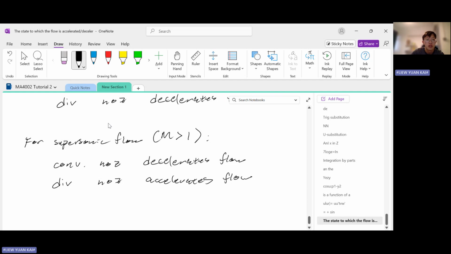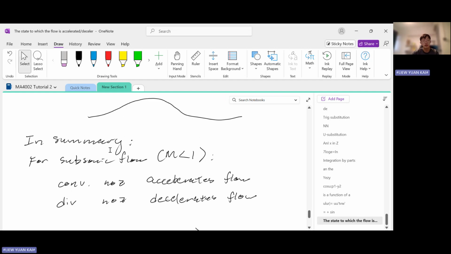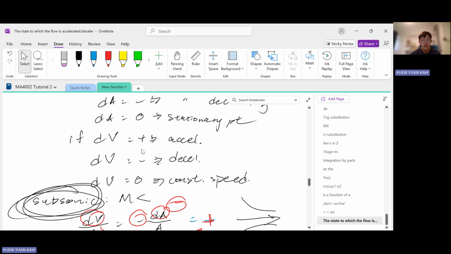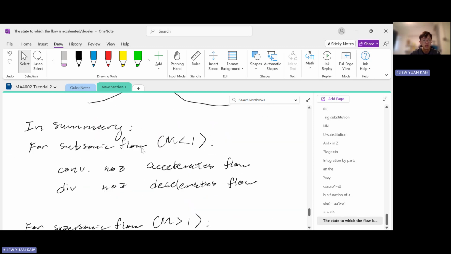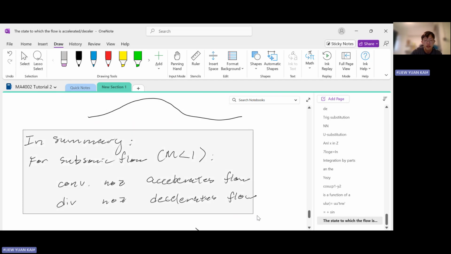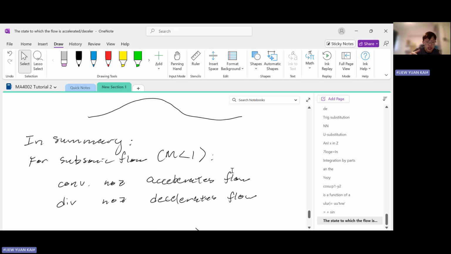You don't have to know all these derivations exactly, but here's a summary of what you need to know. Subsonic flow is intuitive; it follows our intuition about incompressible flow. For subsonic flow, a converging nozzle accelerates flow and a diverging nozzle decelerates flow.